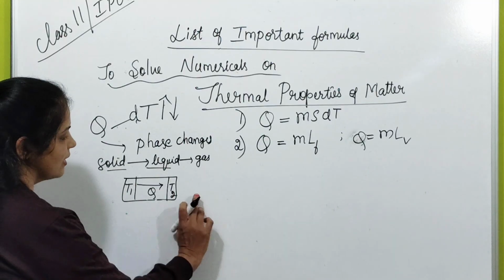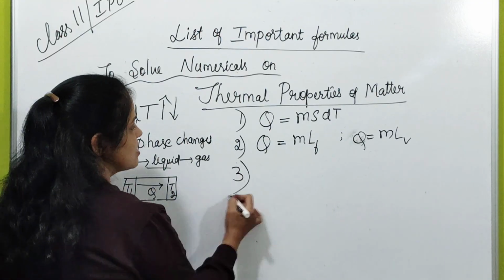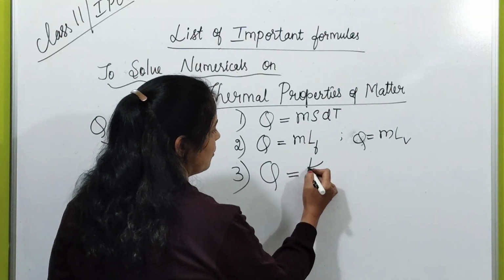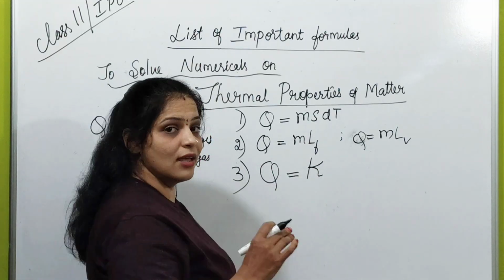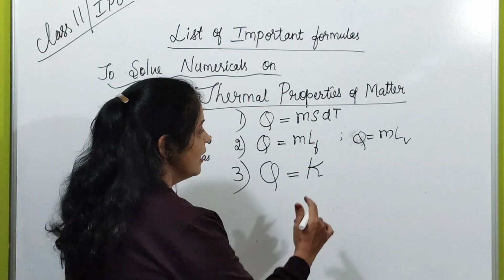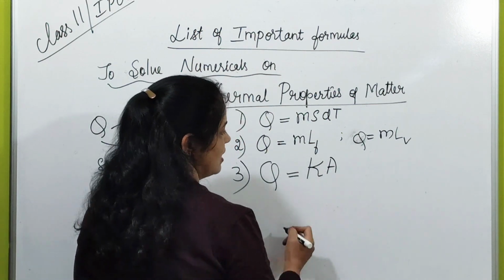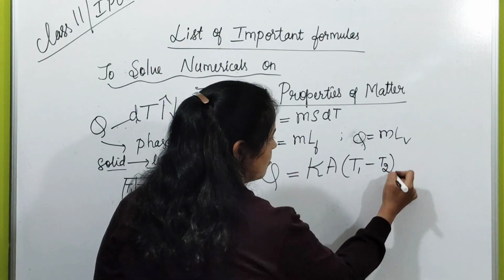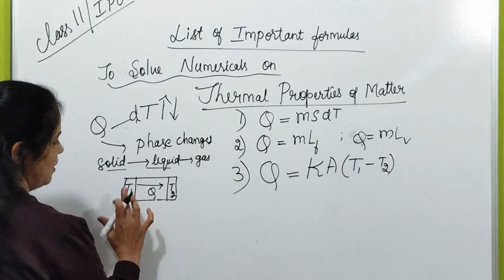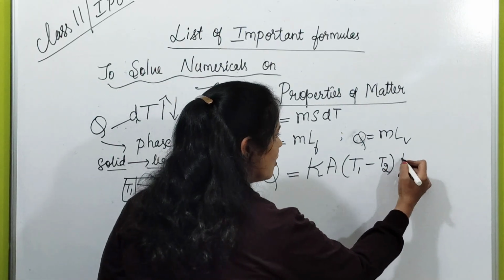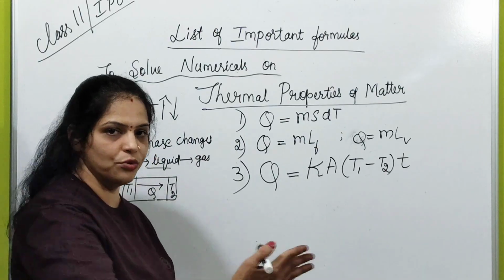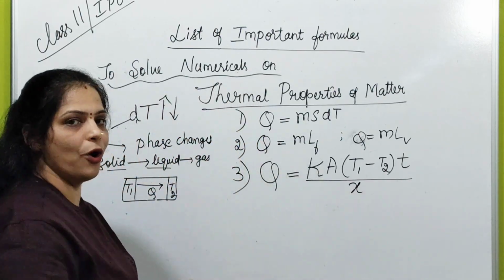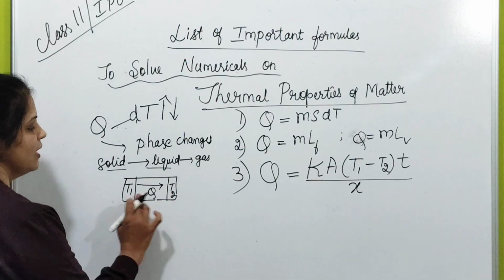Then we can use this expression: heat conducted through the body is equal to K, the thermal conductivity of the solid, into the area of the material, and the difference in temperature between two parts of the body, and the time for which heat is conducted, divided by the distance between those two points.